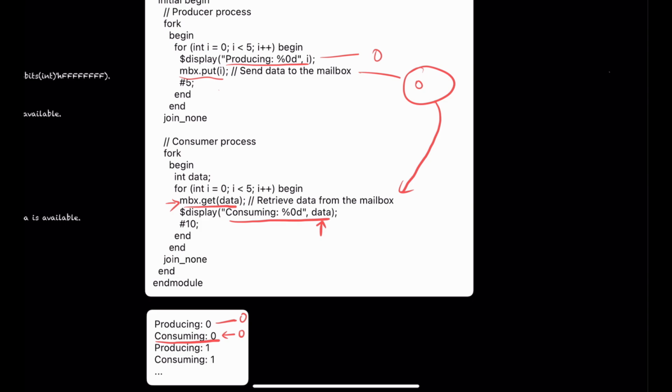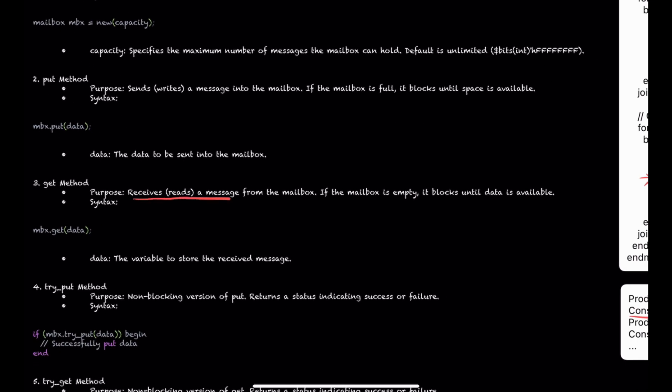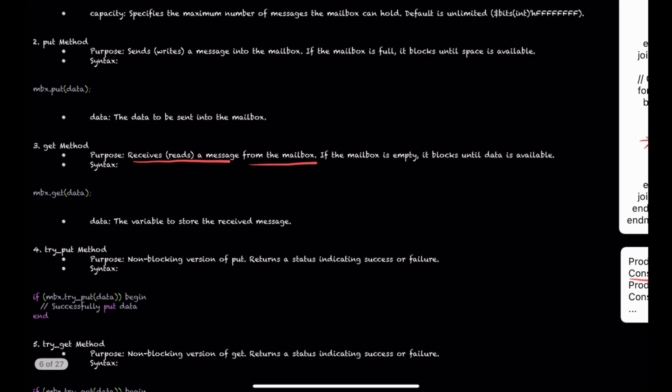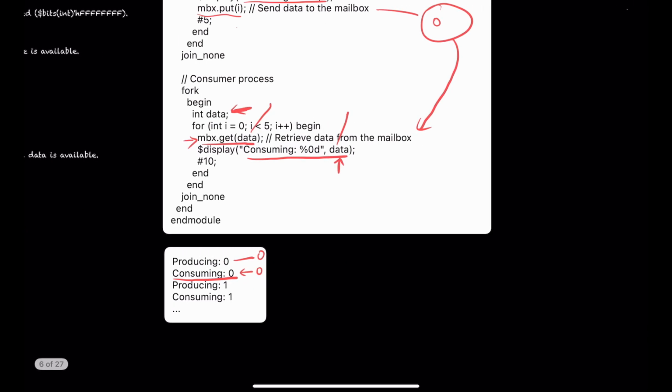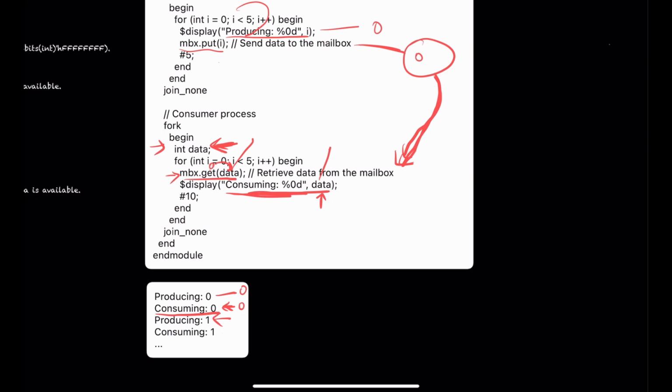Here we need to note that data is not an inbuilt variable; it is the variable to store the received message. To store this 0, we need to create a variable inside this fork itself. So the mailbox will put the iterative i into the mailbox, then the mailbox will get the data, this gets 0 and puts it into the data variable. Now consuming data is 0. Similarly for i equal to 1, producing and consuming will be 1.